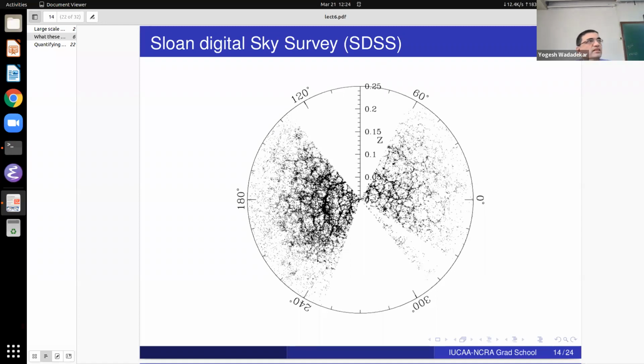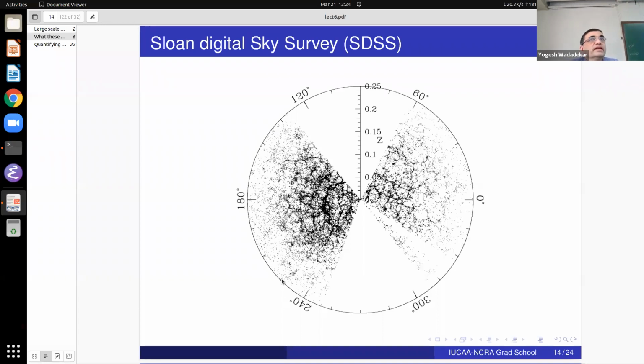After that, serious incompleteness comes in. So if you want to trace the structure over here at redshift, let's say 0.3 or 0.4, you have to use luminous red galaxies, but that's a biased tracer, because these only allow you to map the highest density regions of the universe, nothing else.